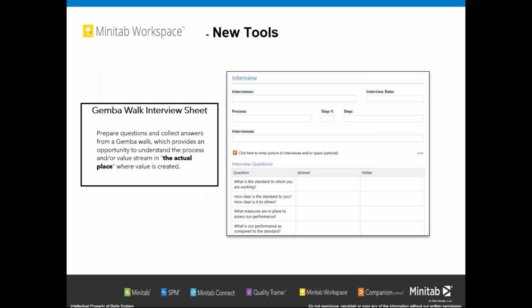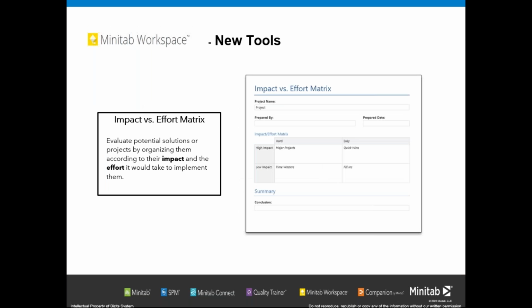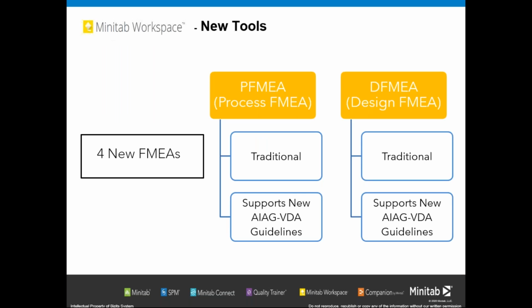Okay, so we have new tools, let's say Gemba work. And then we have new tools inside the form. We consider SWOT analysis: your strengths, weaknesses, opportunities, threats, which may help you to start. Another new tool inside the form is the impact versus effort matrix.